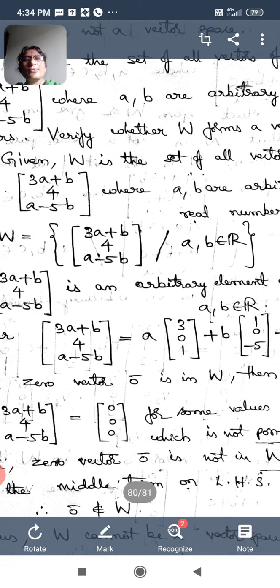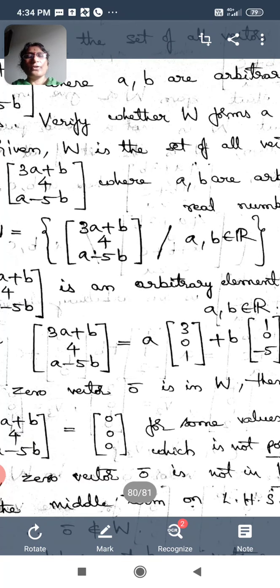Whatever we have written on the left hand side is nothing but the arbitrary element considered from the set W. And now I want to resolve it into column vectors multiplied by some scalars.